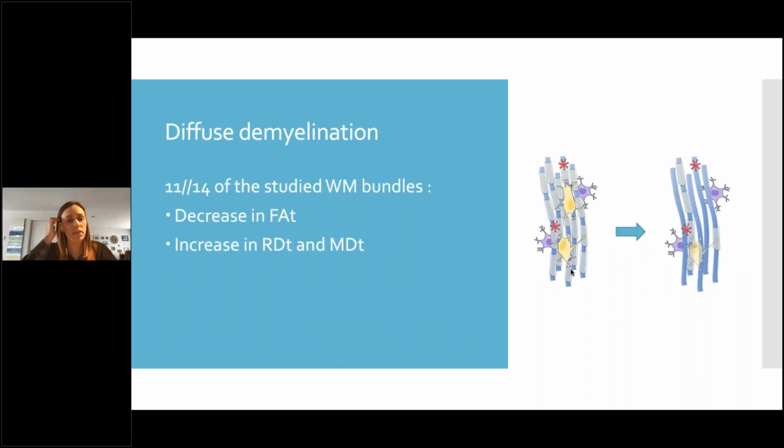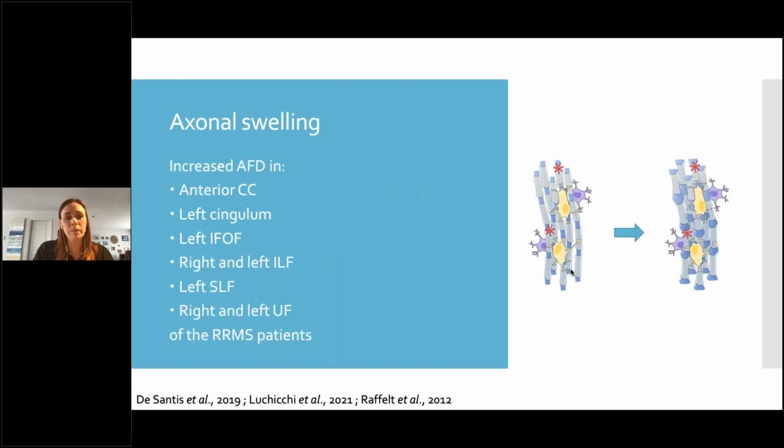We also found a decrease in FA and an increase in RD and MD in 11 of the 14 bundles that were studied. And this is, according to previous literature, a sign of diffuse demyelination in relapsing remitting MS patients. Also, the apparent fiber density was increased in 8 different bundles, and we hypothesized that this was due to diffuse axonal swelling.